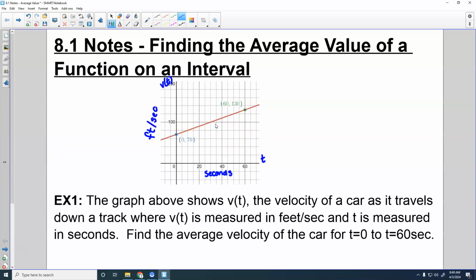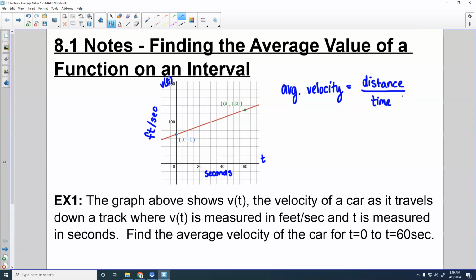You are increasing at the same amount. But let's think about what we would need to do even if it was not a straight line. My average velocity, technically this is average speed, but since my velocity is positive the whole time, this will work as well, should be my distance divided by my time.